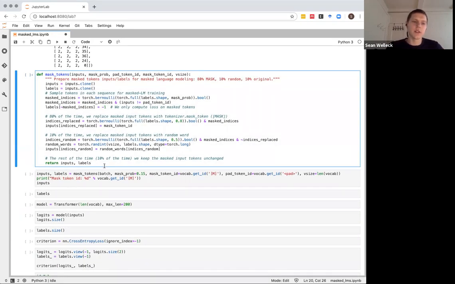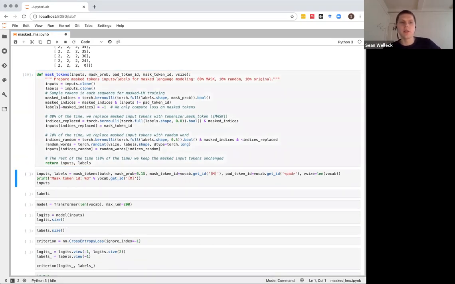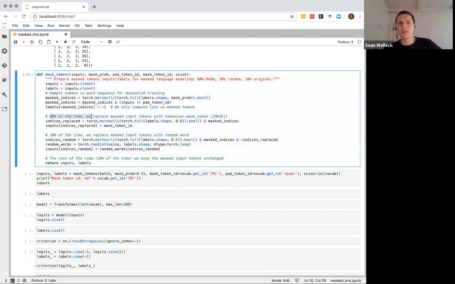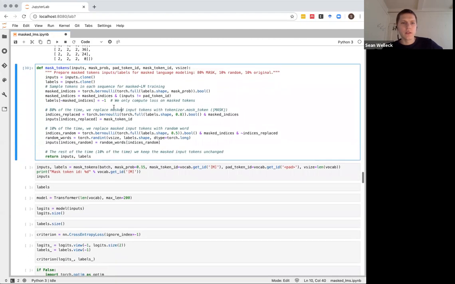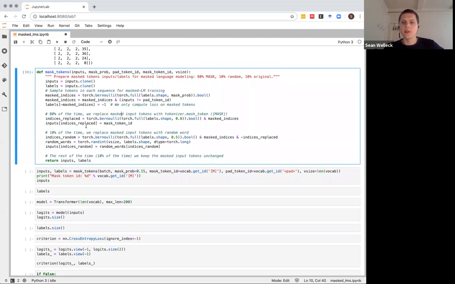Now, here's the function which will actually mask the input. And here's where, if you want to experiment with different things, you could change the percentage of time that the input is masked. So here, this is actually doing exactly what they did in the paper, and it's maybe kind of detailed.